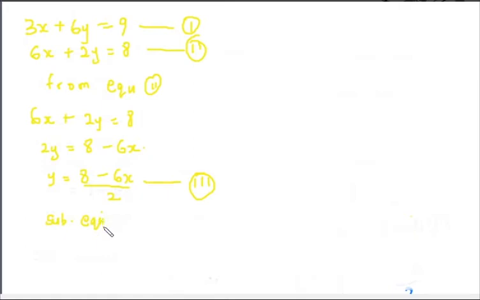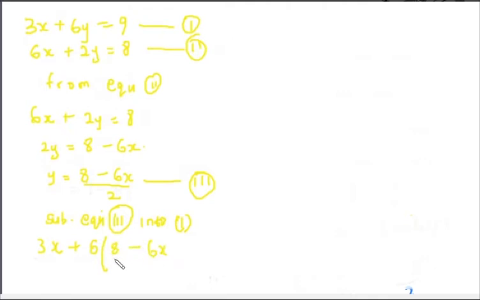So substituting equation 3 into equation 1, we have 3x plus 6y, and we are substituting that corresponding value of y into this equation. So we have 3x plus 6 open bracket (8 minus 6x) over 2 close bracket equals 9.